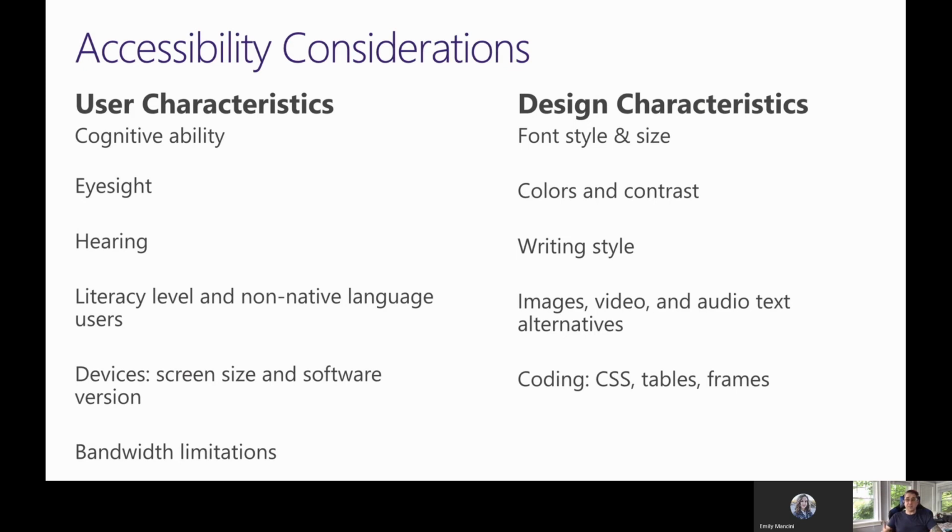On the same token, recognize that not everyone is on the latest iPhone with the latest version of the software. There are economic disparities that come into play, where someone may have a 6-year-old phone and they're trying to access your site. I know we all make jokes about IE, but maybe that's all that someone has.